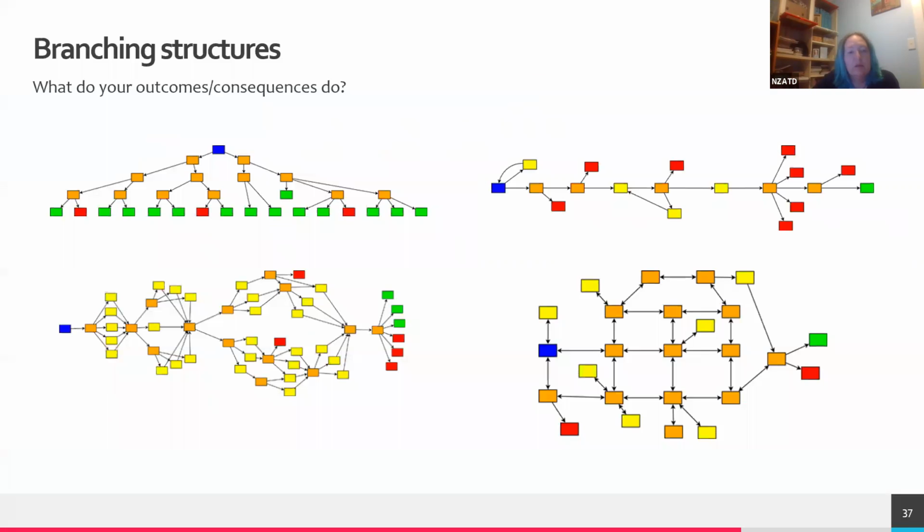So these are different structures of branching that are used in games, and that you could use in your designs as well. For example, the first one on the top left gives you several bad endings and a whole lot of good endings, because that is something that games do that we in our scenarios seldom do.